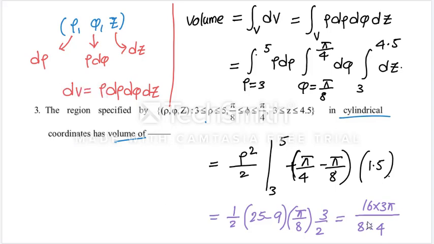Doing the simplification, 8 twos, how much is it here? 3 pi by 2. So it is 3 into the value of pi, 3.14, by 2. Simplify and get this value.